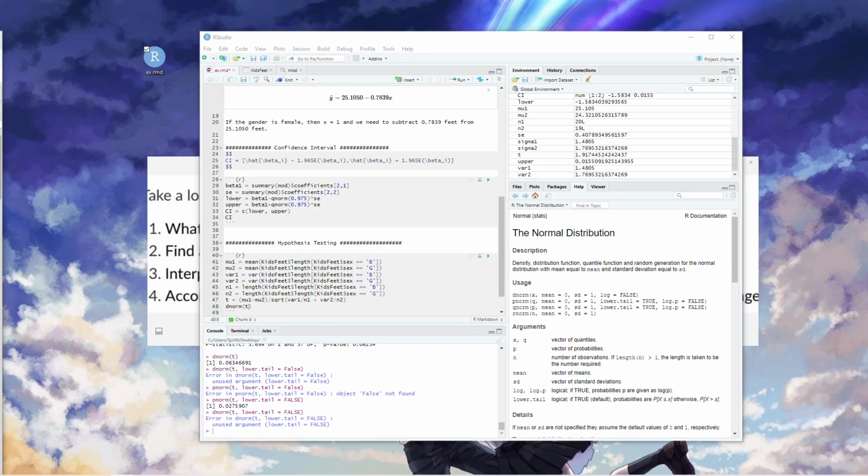P norm with mean and standard deviation is this. It's basically the same thing. Let's say don't use the one minus P norm. One minus P norm is 0.